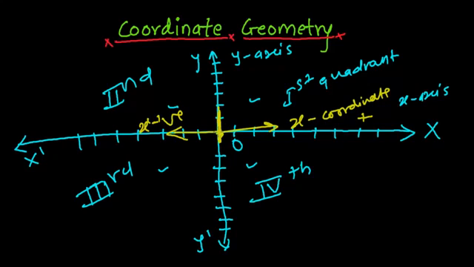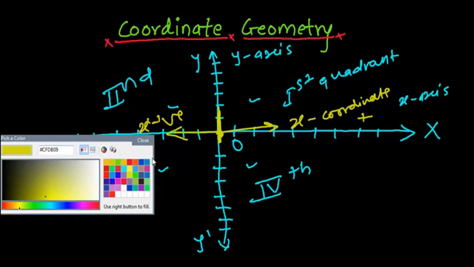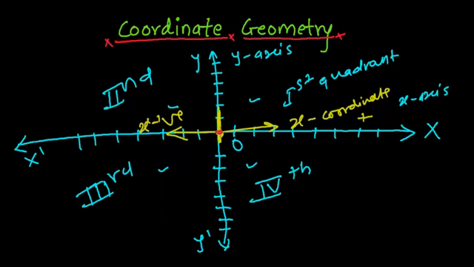In the same way, if you move from the origin upside, y will always be positive, and if you move downwards, then the y coordinate will always be negative.